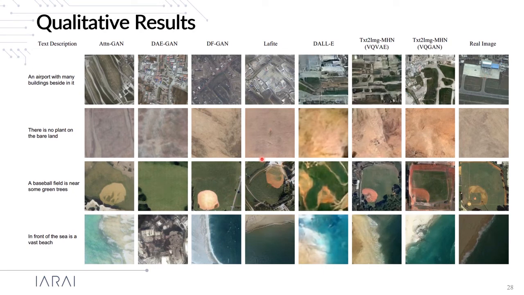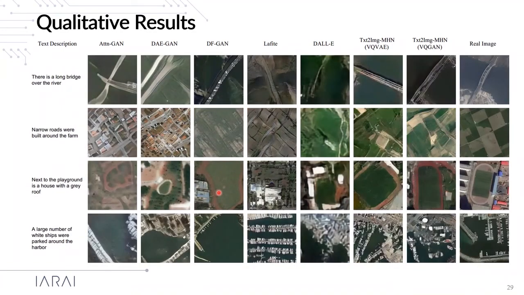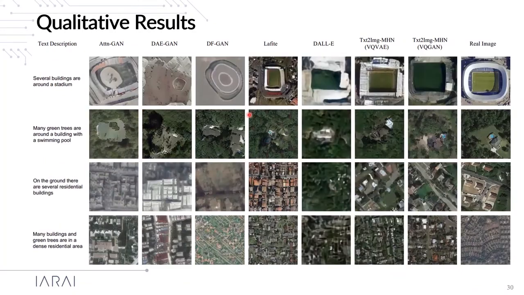They can clearly preserve the accurate shape of the ground objects, for example the playground here, and also this kind of stadium. So for this method, the result may be inaccurate. By contrast, the proposed text-to-image modern Hopfield network can yield much more accurate results in these scenarios.